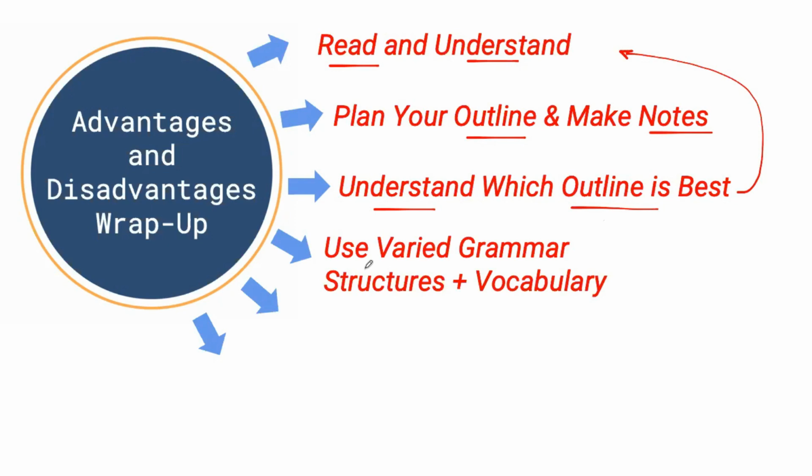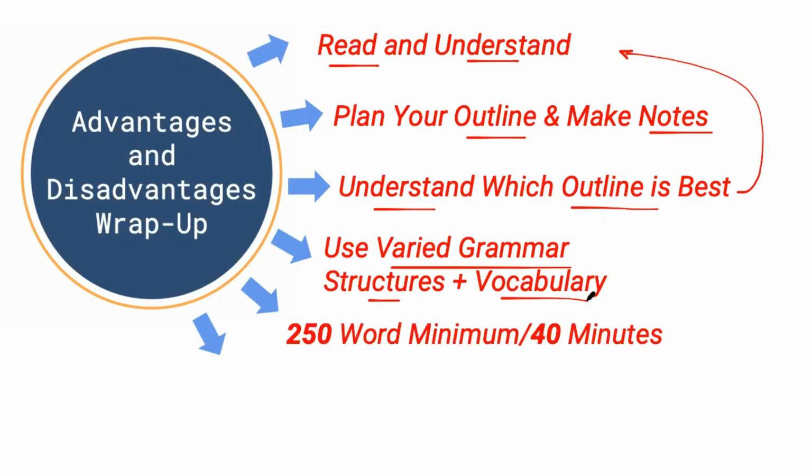Then make sure, as always, to use varied grammar structures and vocabulary, especially your connectives, to connect these contradicting arguments. And you have a 250-word minimum with 40 minutes if you've designated 20 minutes to your writing task 1. So make sure you stick to this. Today we were pretty much at the limit of our word count, but just make sure you're able to get everything in without going overboard.